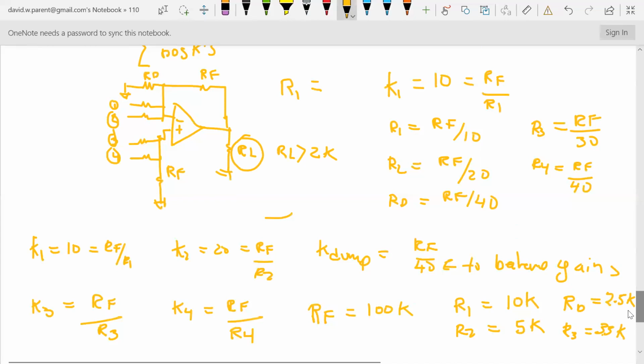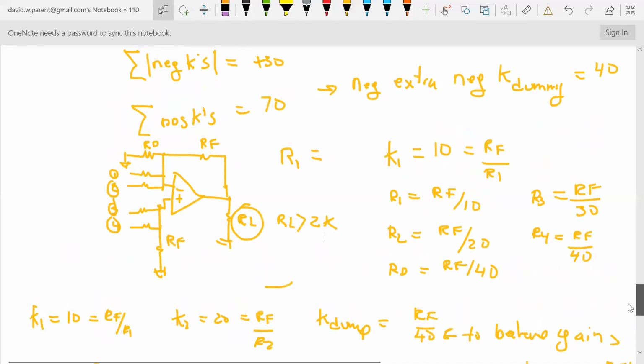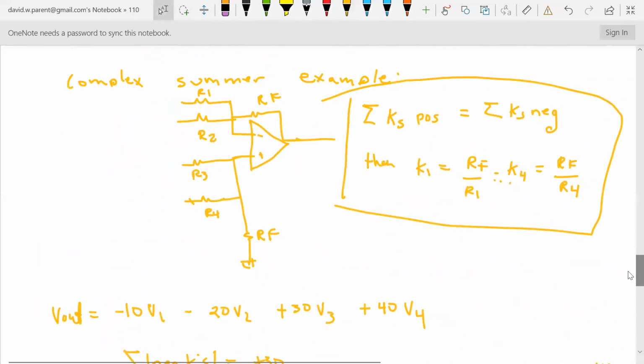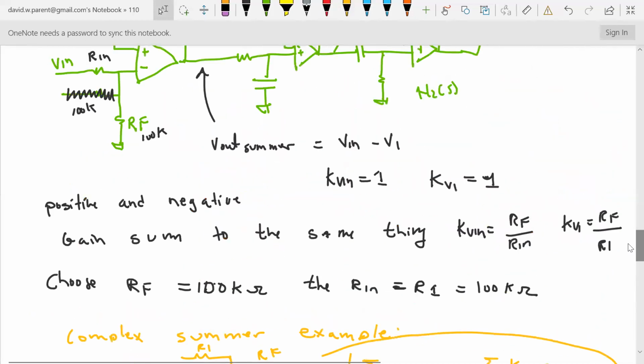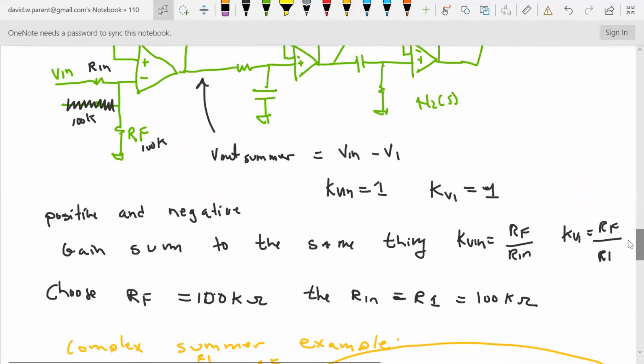Not a problem here, because this was going into an ideal op-amp. Well, it was going into a low-pass filter, and as long as at the proper frequency you weren't overloading it, it's fine. So you're going to have 10K, 100K. It's pretty straightforward.